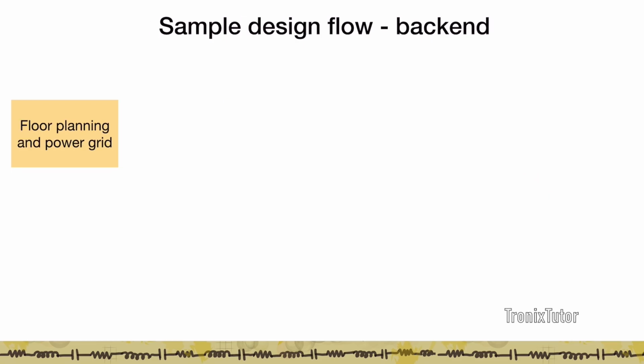We then move into the backend part of the design flow, which deals with how these gates are going to be laid out, what's the layout going to look like, etc. So there we begin with what is known as floor planning and defining the power grid. That is, how is power going to be supplied to the various parts of the design. What is then followed is known as placement and routing.